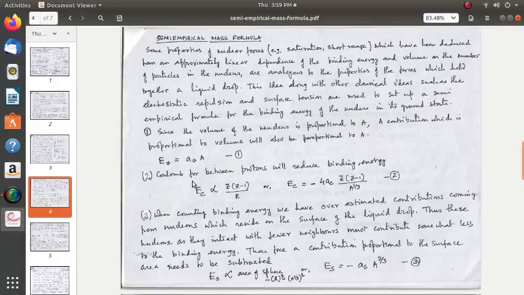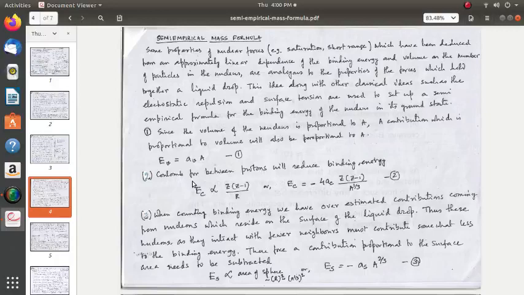Then there is a Coulomb repulsion between the protons. There are protons and neutrons, so there is electrostatic repulsion between the protons, which will reduce the binding energy. Suppose we consider one proton, it will interact with Z-1 protons and the energy will be (Z-1)/R, where R is the typical nuclear radius.